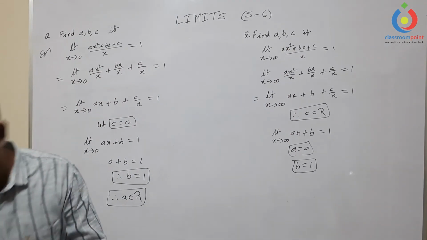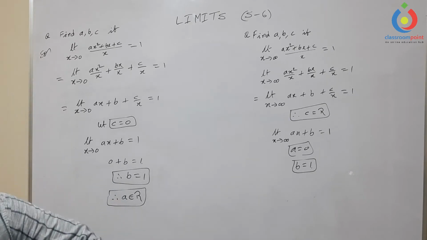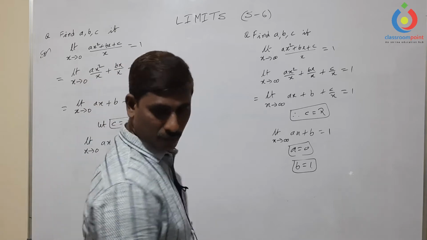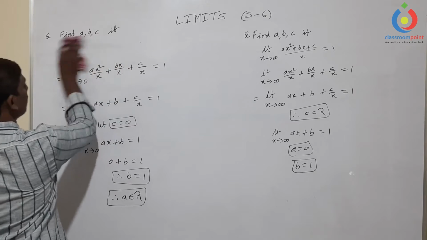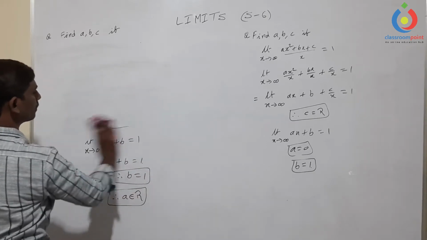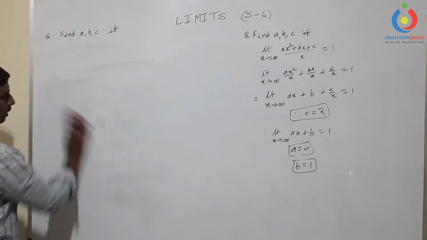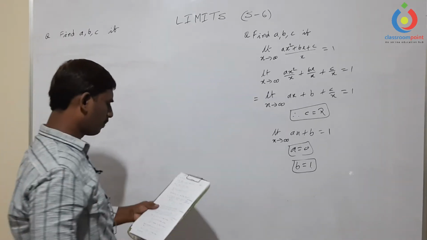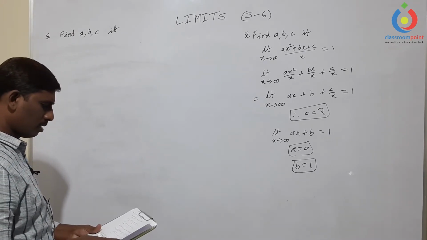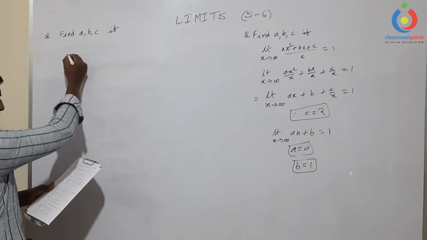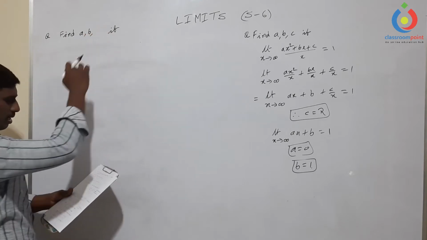One more problem, we'll take that. For finding unknown values only, we are taking here: find a, b. Find a and b only, there is no c here.